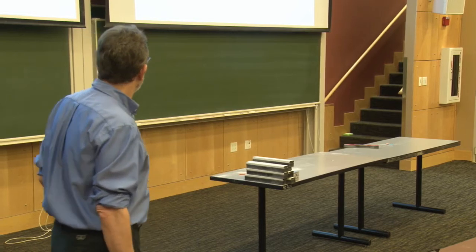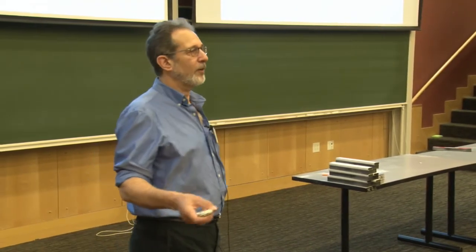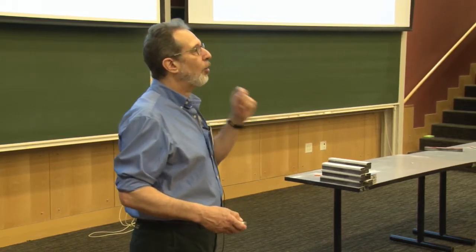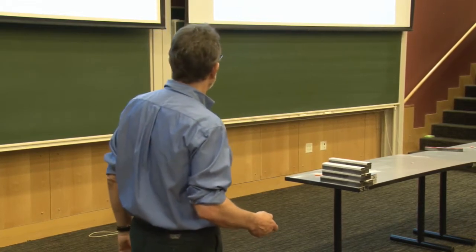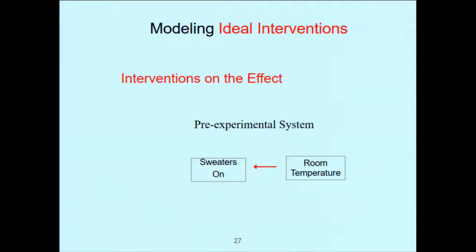So consider the same system, but now let's intervene upon the cause, not the effect. So I'm going to randomly set the room temperature to 55 degrees or to 95 degrees and let you guys decide what to wear all by yourself, and ask myself, after I do that experiment, what's the description of the causal system post-experiment?